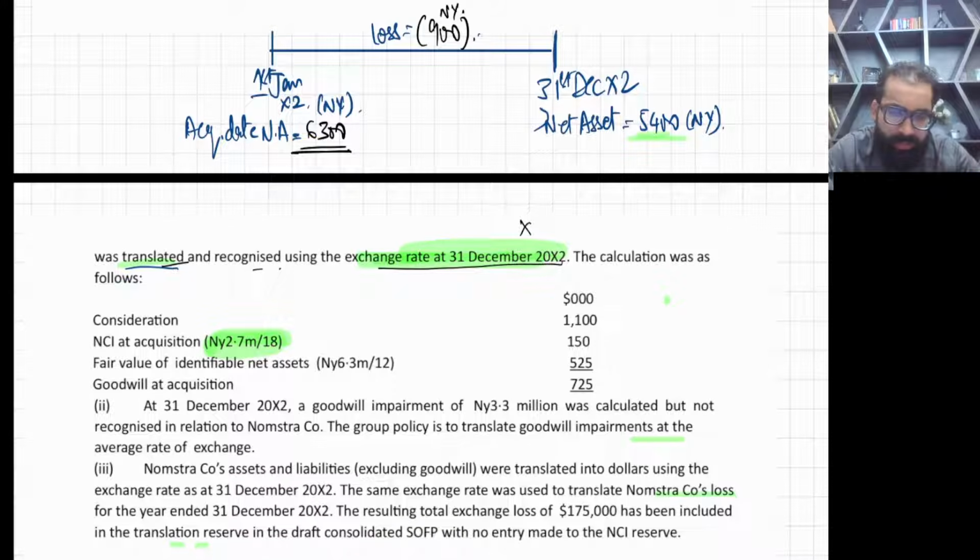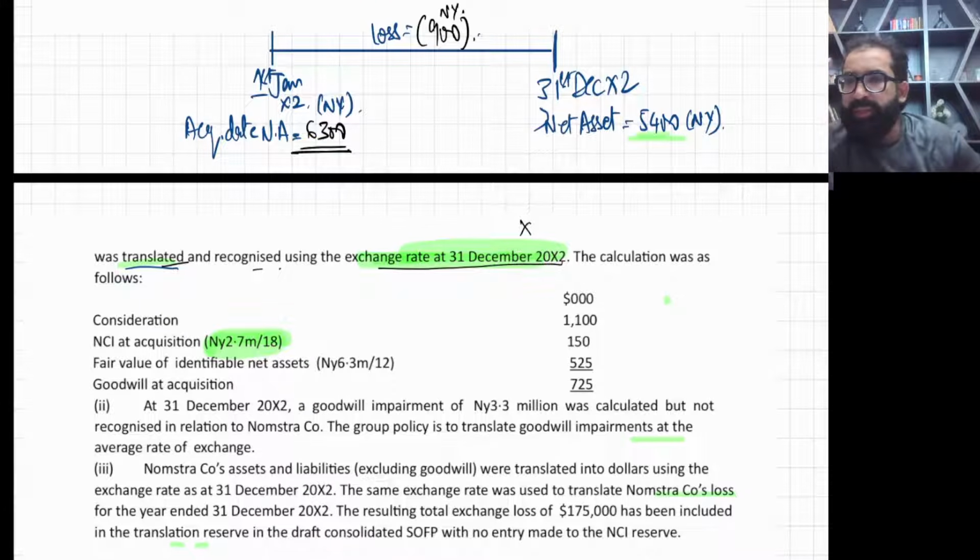You can see. So this is the first mistake which I need to correct, and I'm going to correct it. Don't worry.